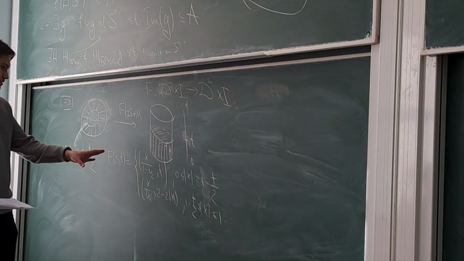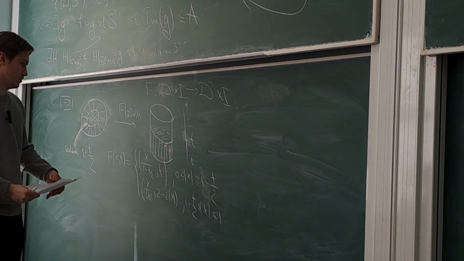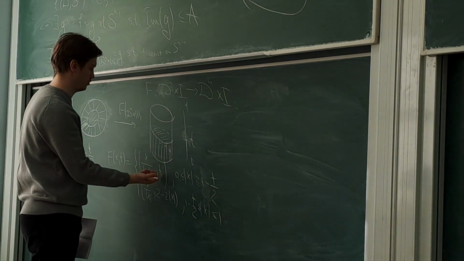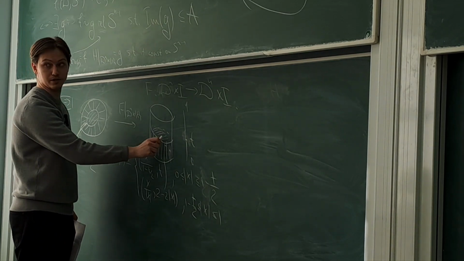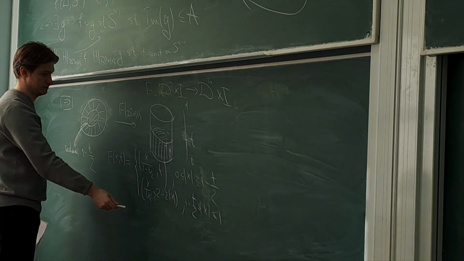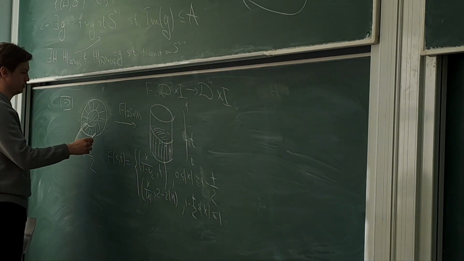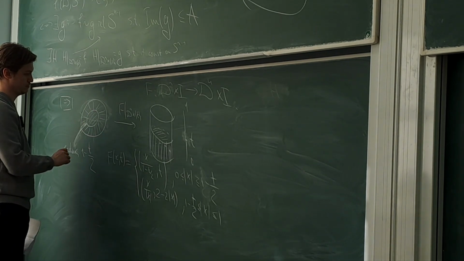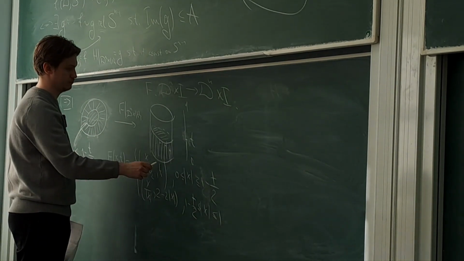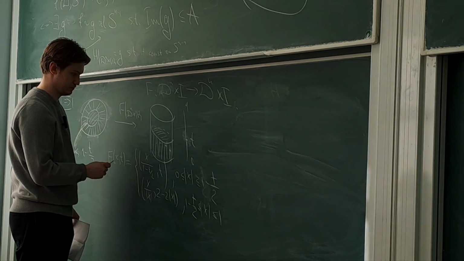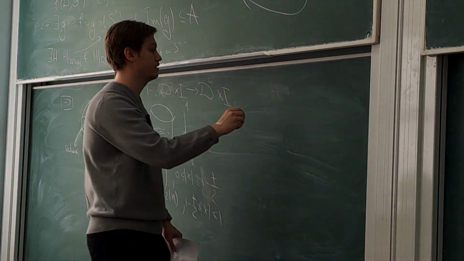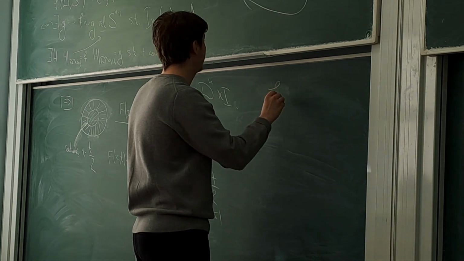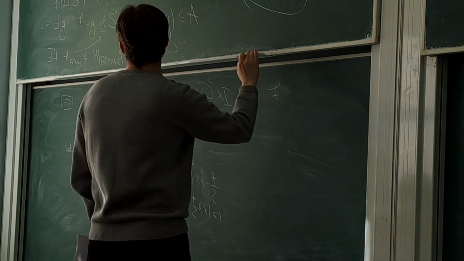So the formula is as follows. This part means that it maps precisely the smaller disk to this one, and this means that it maps these generators to these generators of the cylinder.